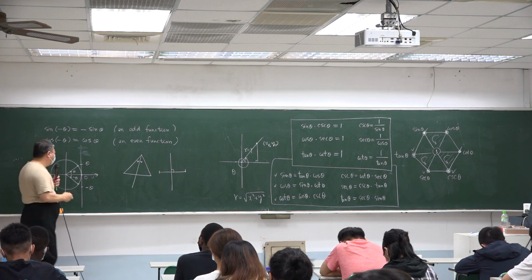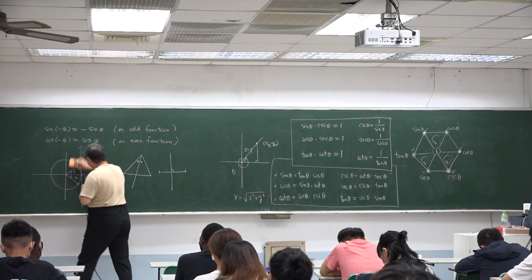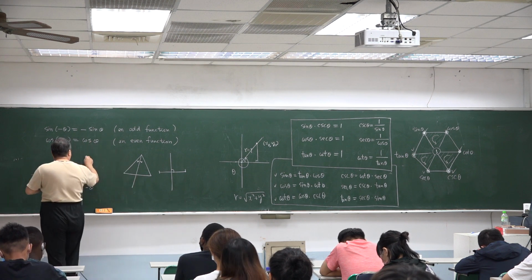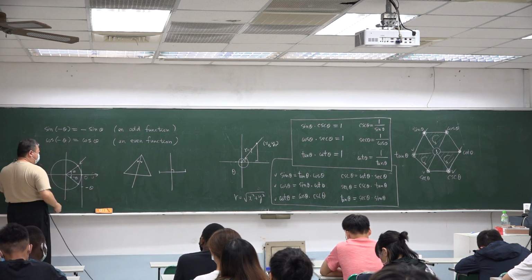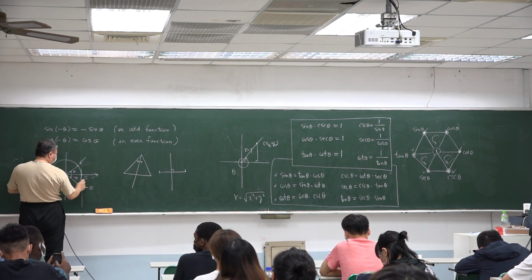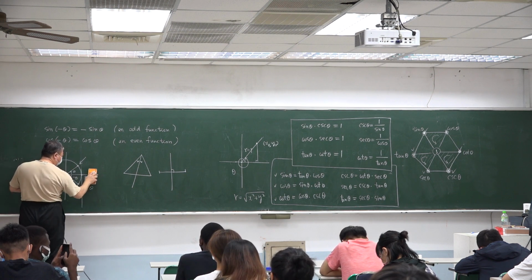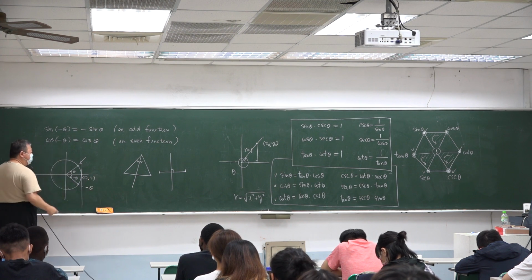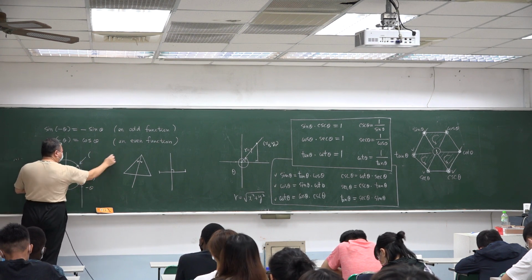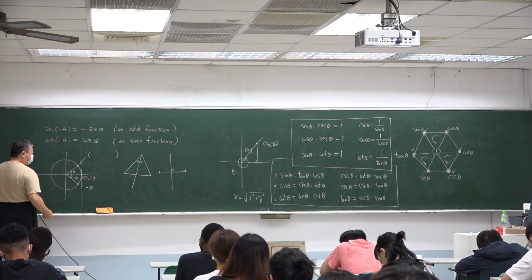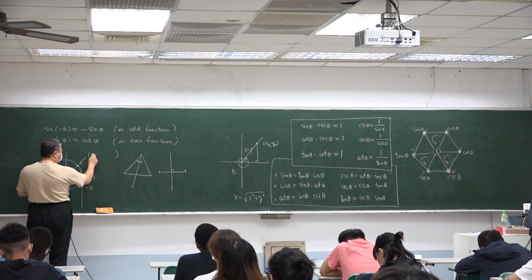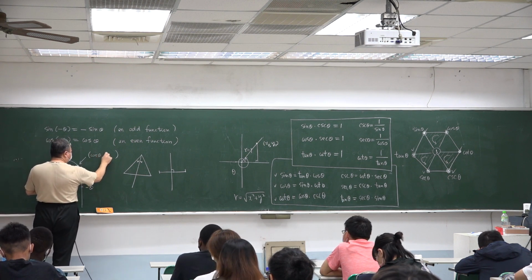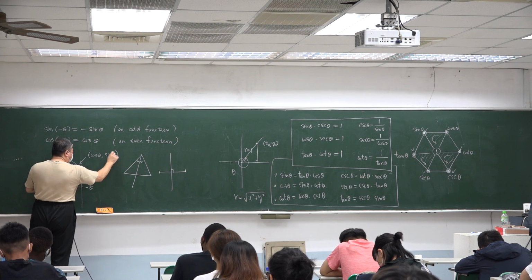So by the definition of trigonometric functions, if this is a unit circle, then the coordinates of this point can be expressed in terms of theta, namely cosine theta, sine theta.